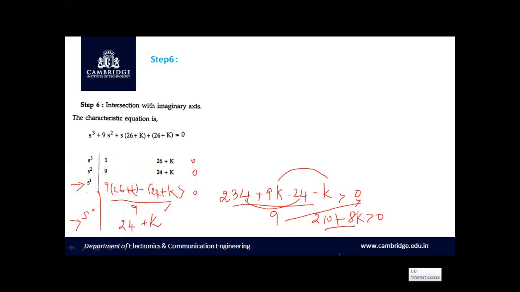Simplifying this equation, exactly at k margin, 210 equals minus 8k. Therefore, k will be equal to minus 210 divided by 8. Therefore, k margin will be equal to minus 26.25.